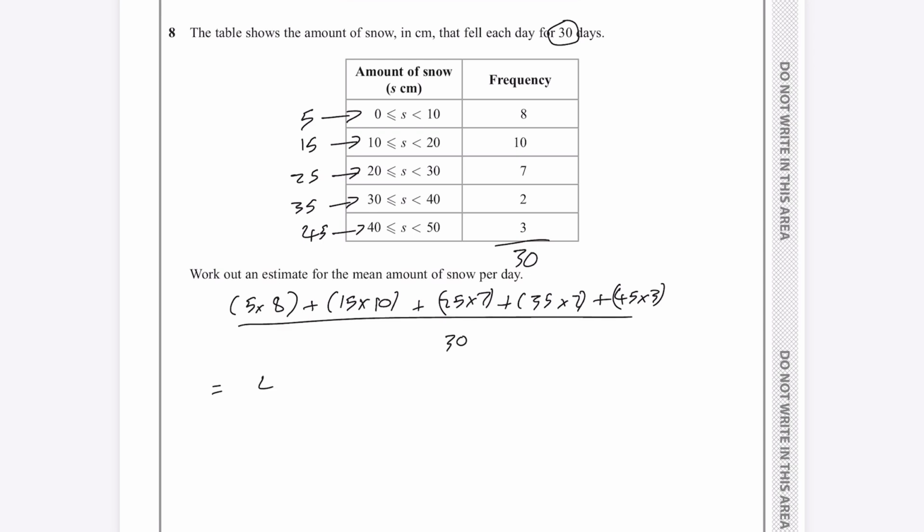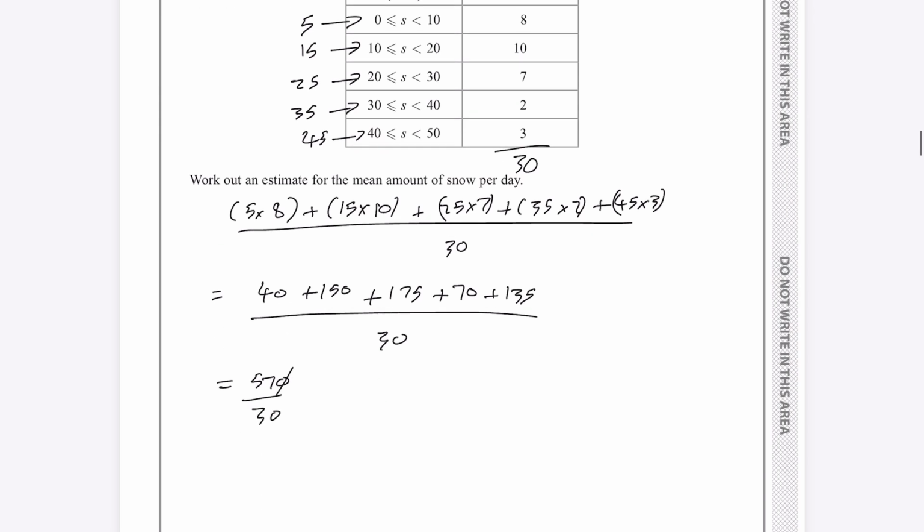That becomes 40 plus 150 plus 175 plus 70 plus 135 all over 30, and that becomes 570 over 30. We do need to simplify this to give a number, so we can cancel out the 0 straight away. That leaves us with 57 over 3, and we can just use the bus stop method. 3 into 5 is 1, that leaves us with 27, so that's going to be 19.